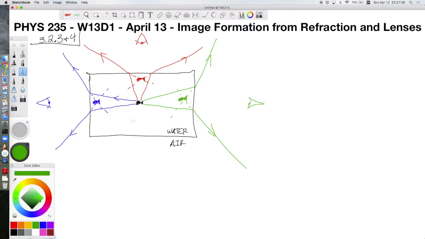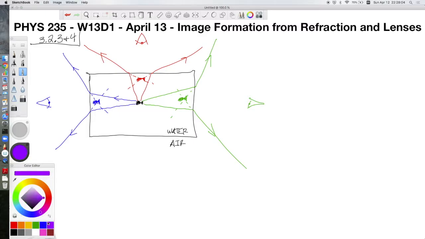So the black fish is the actual original fish, the object, and the other three, the blue, the red, and the green, are the images of the fish that we would see if we look from various sides of the tank. So you can see that these three observers, blue, red, and green, don't agree on where the fish is. But in all cases, the fish appears closer to the surface, closer to the edge of the tank than it otherwise would.